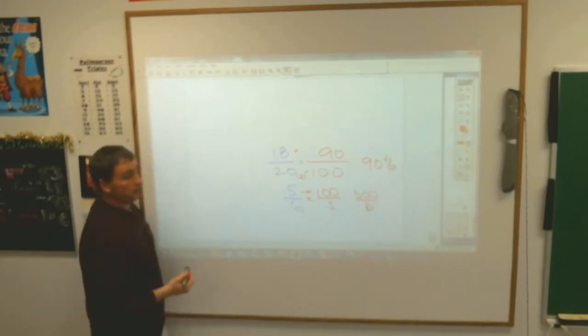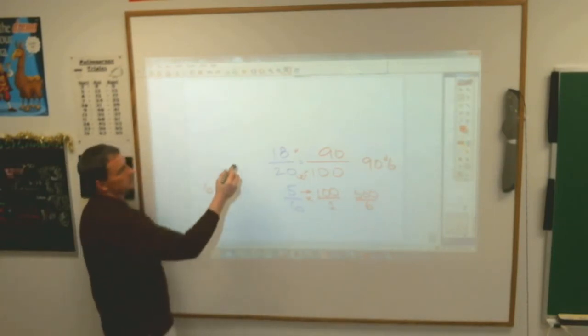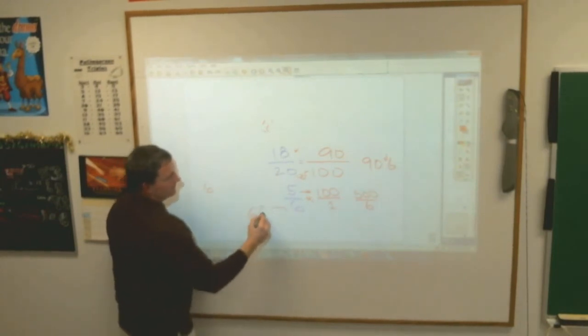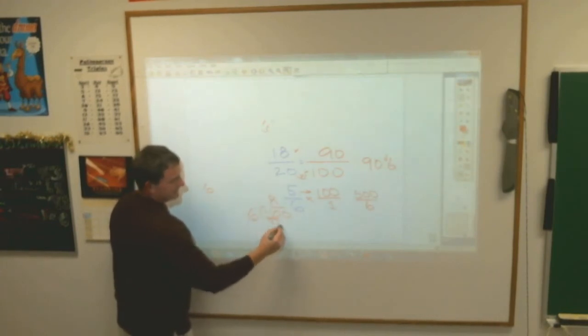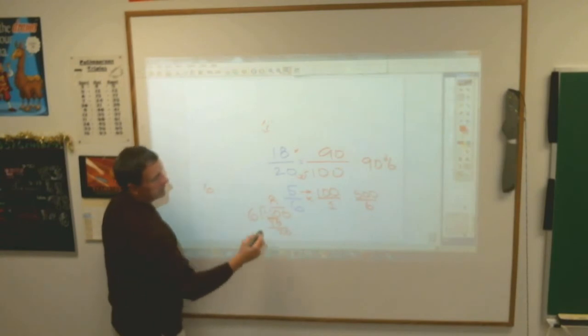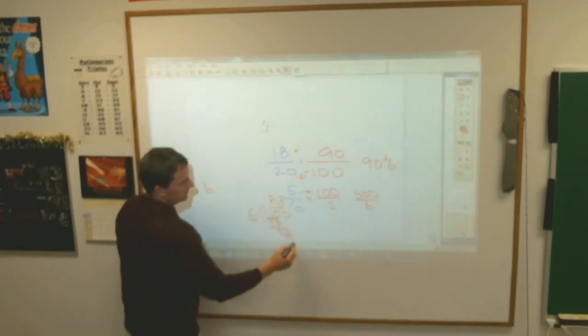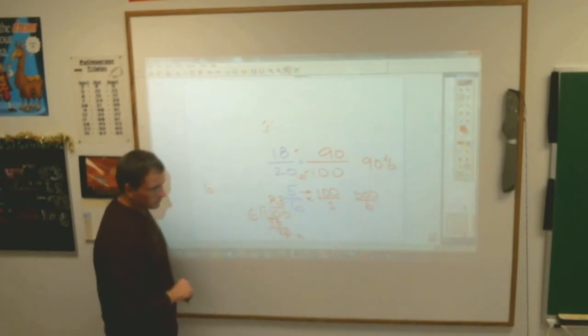And here you have to be careful with your division. You're taking 6 into 500. 6 goes into 50 8 times, that's 48. 6 goes into 20 3 times, that's 18. You don't have any numbers to bring down, you get a leftover of 2.